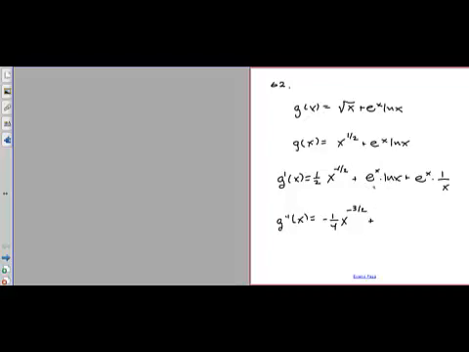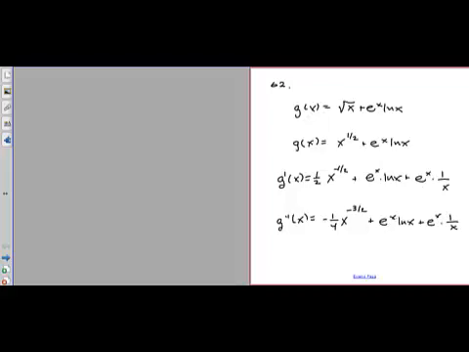Then we use the product rule again here. Since these are the same, when you take the derivative the second time, you'll get e to the x natural log of x plus e to the x times 1 over x. So that's the derivative of this.